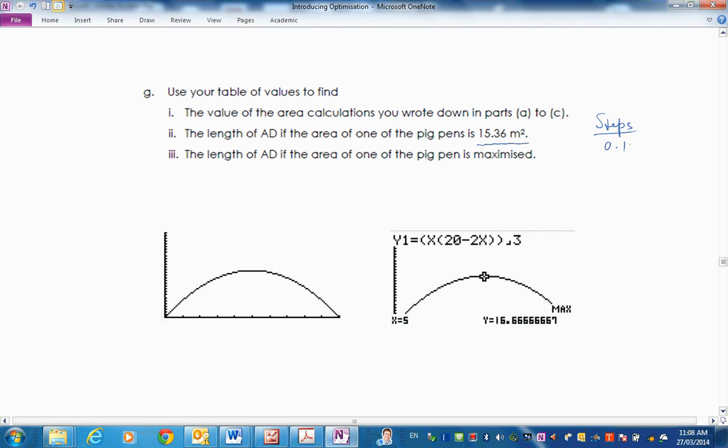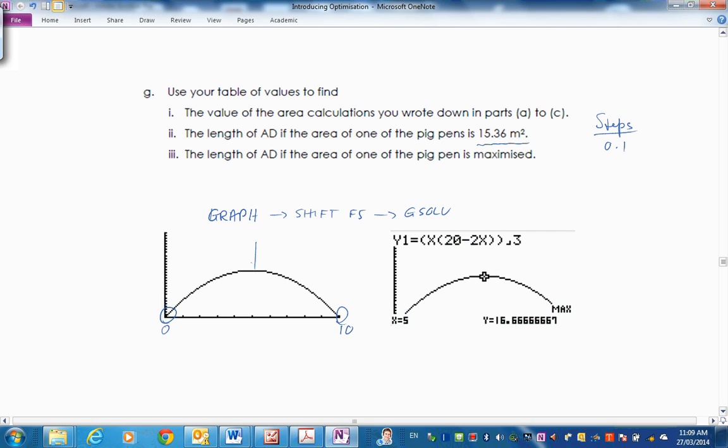Well, I bailed on table mode and I've gone to graph mode, as I said before. Use Shift F5 and go to GSolve. Okay, so here's our graph. See the zeros, and this is at 10. When X is 10, when X is 0, there's 0 area, there's no pig pen, it's flat.